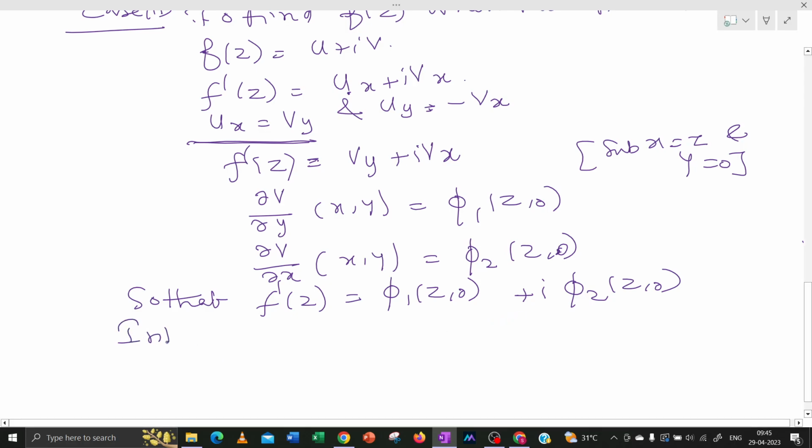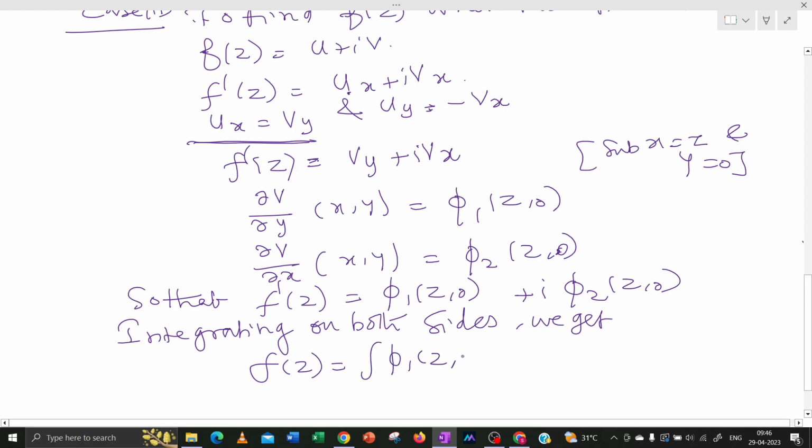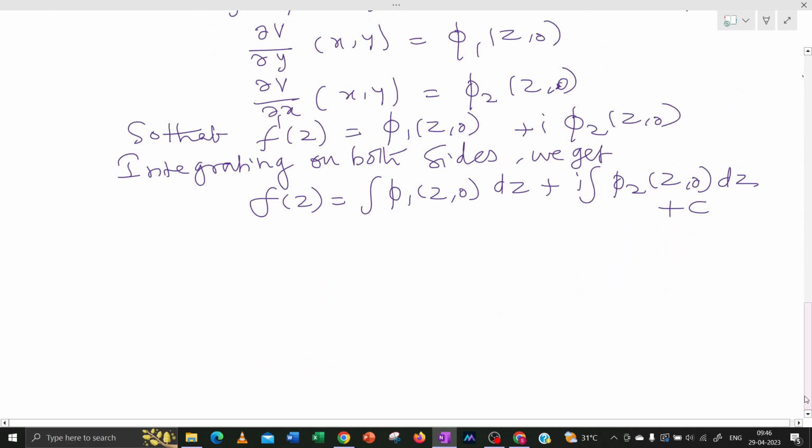So integrating on both sides, we will get f of z equal to integral of phi 1 of z comma 0 dz plus i into integral of phi 2 of z comma 0 dz plus some constant. That is called constructing an analytic function by using the Milne-Thomson method.